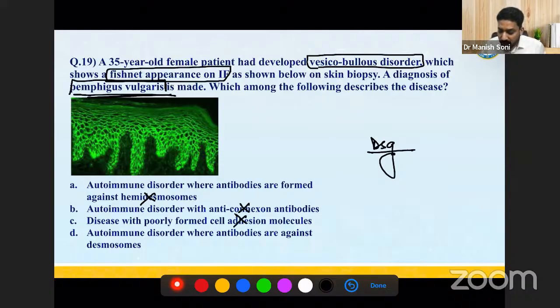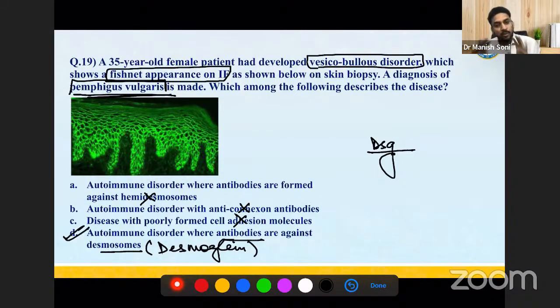This is an autoimmune disorder where antibodies are formed against desmosomes. Yes. Which desmosome? Desmoglein. So this is the correct answer. Desmoglein is not poorly formed. Desmoglein is perfect. So C is not the answer. Actually, antibodies are formed against it. That is the etiology. And that's why the answer is D.